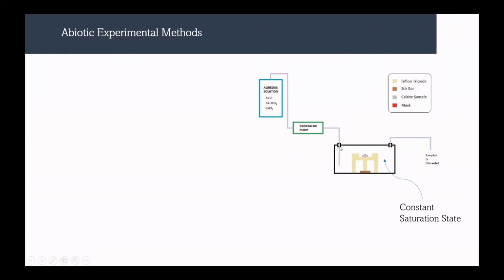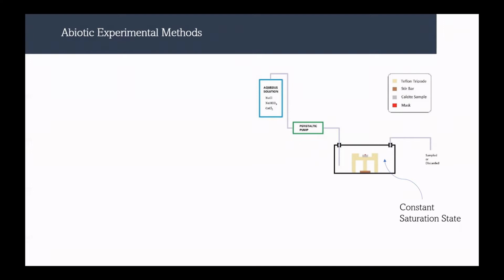When we work in a closed system, if we are at undersaturation, we will have dissolution, but then we will reach at some point equilibrium because of the release from the mineral itself. So we want a flow-through system in order to remove the mineral that is dissolved in the solution.